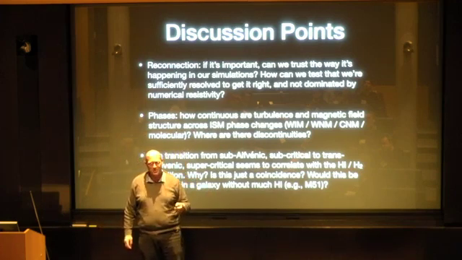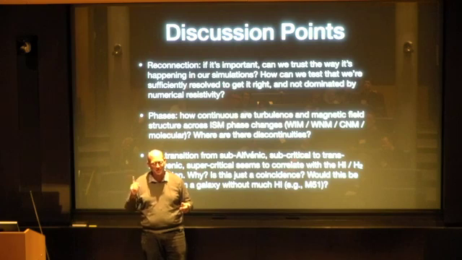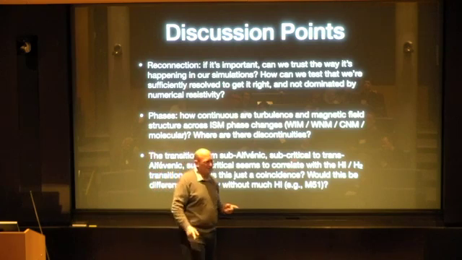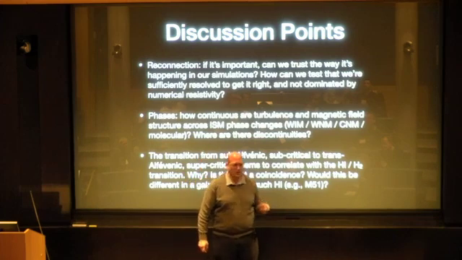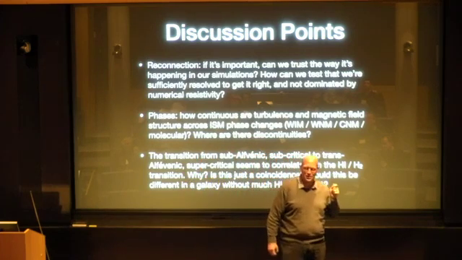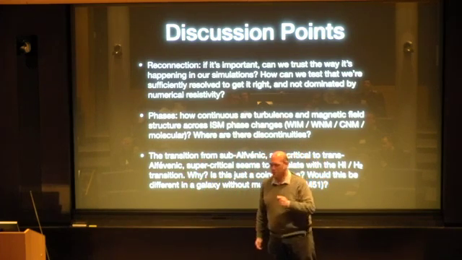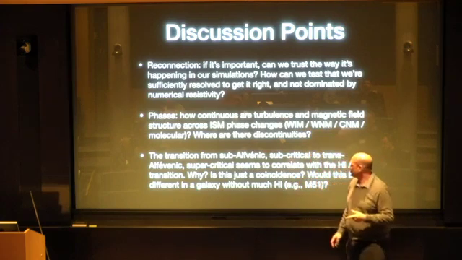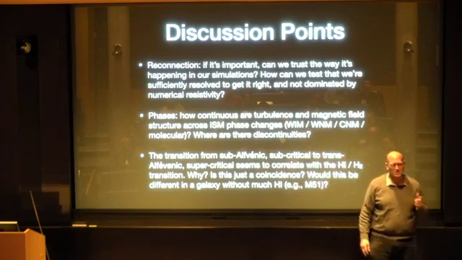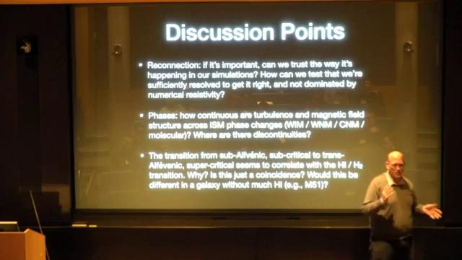Why does chemistry know the first thing about magnetic fields? I can think of no good reason why H2 molecules care whether the gas is super or subcritical. So why is the transition between these two regimes seemingly associated with this chemical transition?